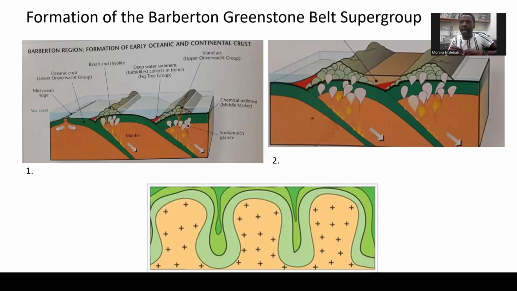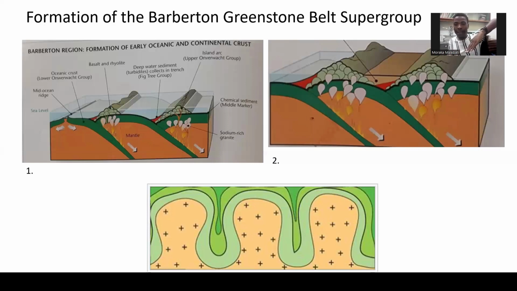All right, and then the sediment eroded from these island arcs will be deposited right into the trenches, or these sediments were deposited in adjacent ocean trenches. But now you'd agree with me that we see this slope from the island arcs.